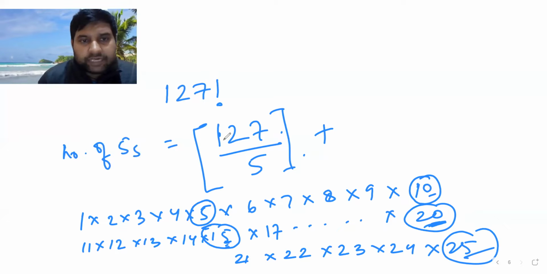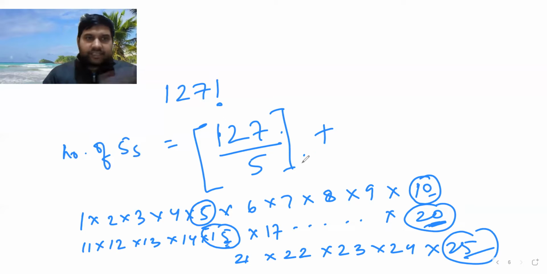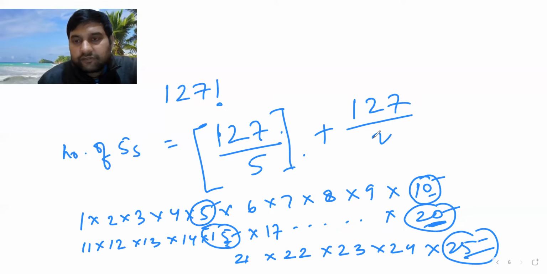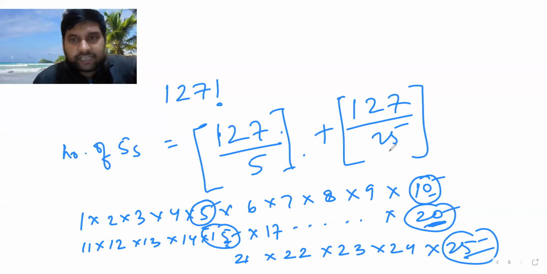So we will find out 127 divided by 5. Every 5 times, whatever is the quotient or the greatest integer function, it will give you the number of 5's. But we also need to cover how many times 25 is coming, because 25 is 5 raised to the power 2. So there is an additional 5 here.